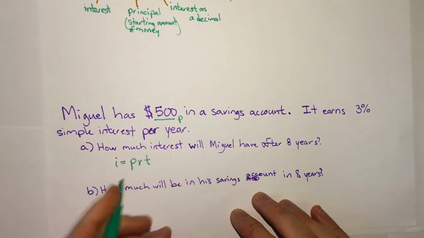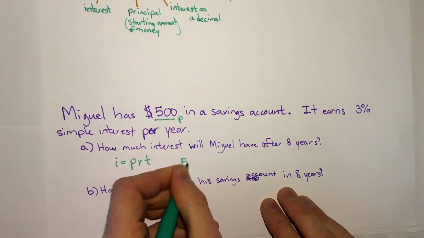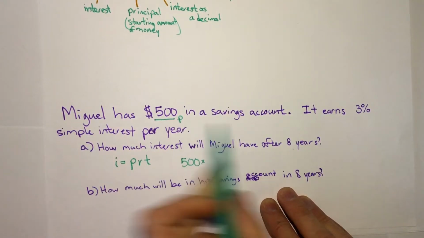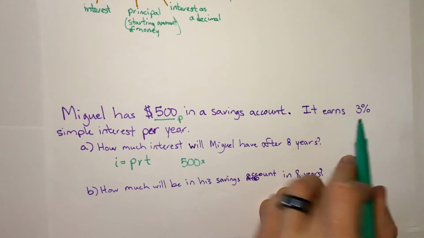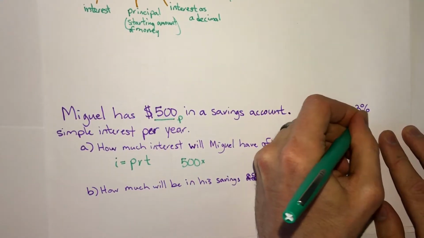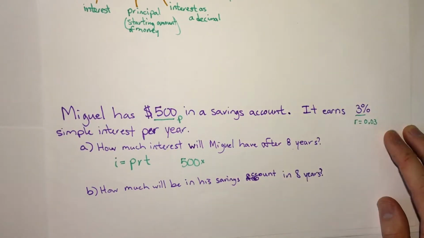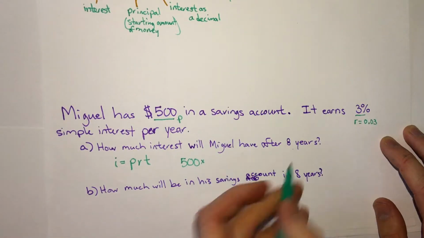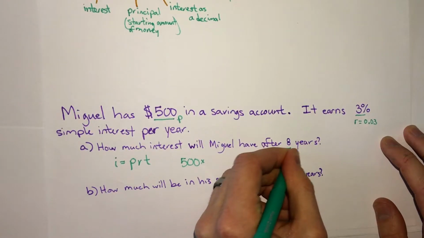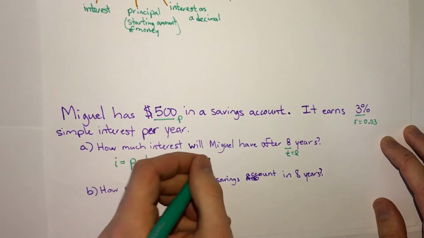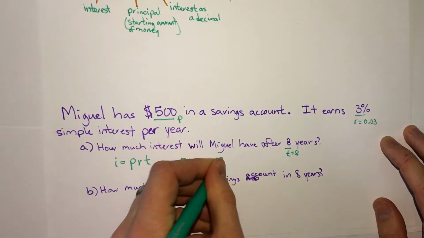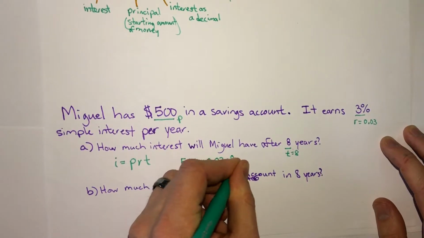So if we're going to do PRT, our first part will be 500 times the interest rate of 3%. Remember to make that a decimal, not 0.3, but 0.03. And our time, T, is 8 years. So we're going to do 500 times 0.03 times 8.